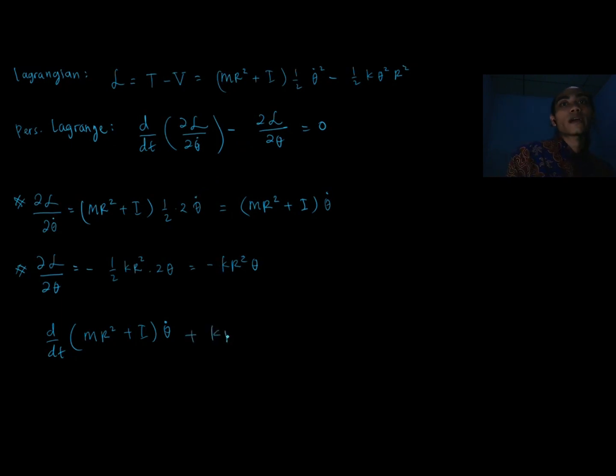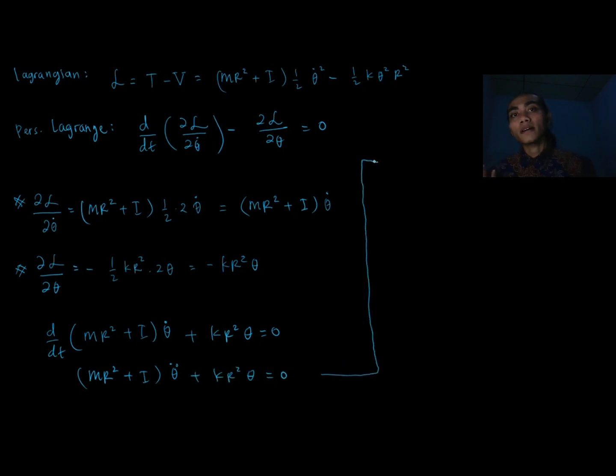So we get (m r squared plus I) times theta double prime, plus k r squared times theta.